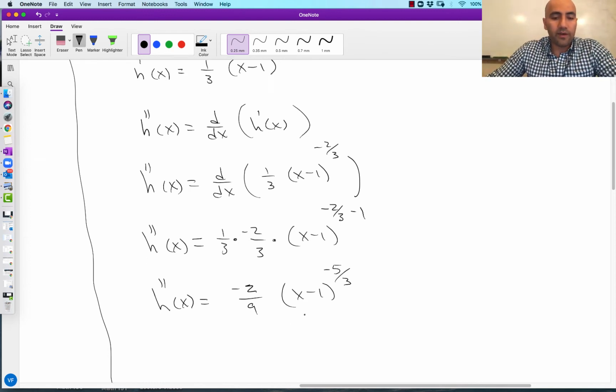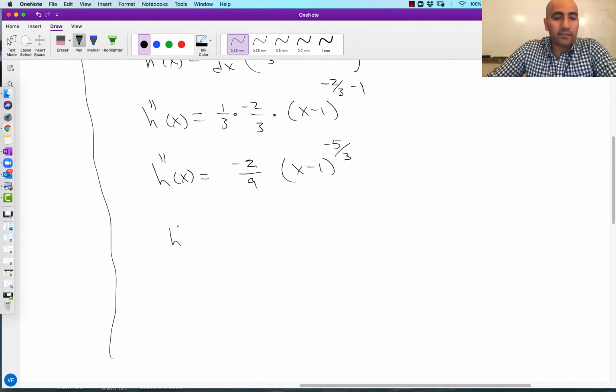Okay, so we can simplify this a little bit and rewrite it as h double prime of x is equal to a giant fraction where the negative 2 is in the numerator. In the denominator we have a 9, and then x minus 1 to the power of positive 5/3.